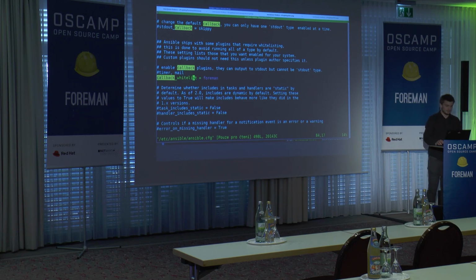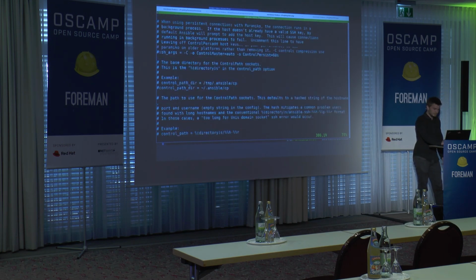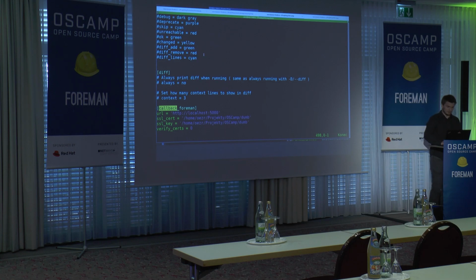We need to whitelist the callback and configure the URL of our Foreman. And here you have to add some certificates, because I don't use the certificates at all. I don't use SSL in my development configuration.